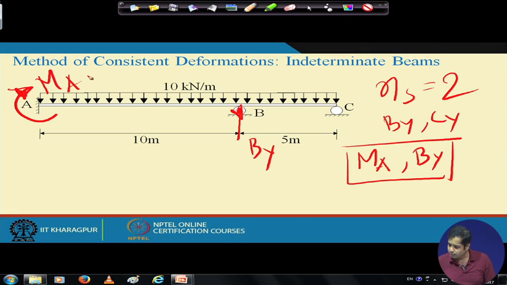Now, say this is x1 and this is x2. Okay. So, let us see how we can proceed with this method of consistent deformation. Step 1 and step 2 are done, then in step 3 we need to solve the primary structures for different loading conditions.